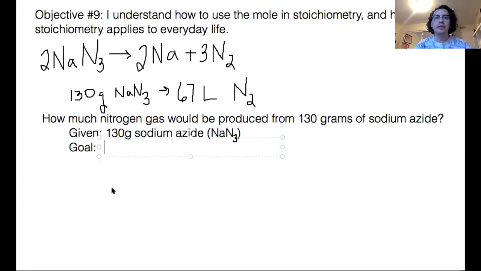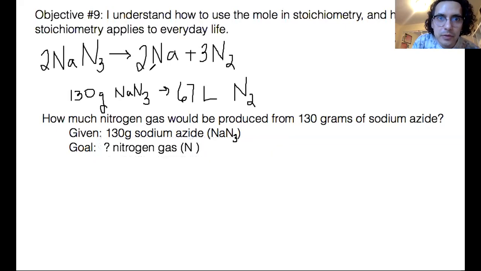Our goal would be our question mark, and it is nitrogen gas. How much nitrogen gas was produced from those 130 grams? If you can find your given and your goal, that can be very challenging.